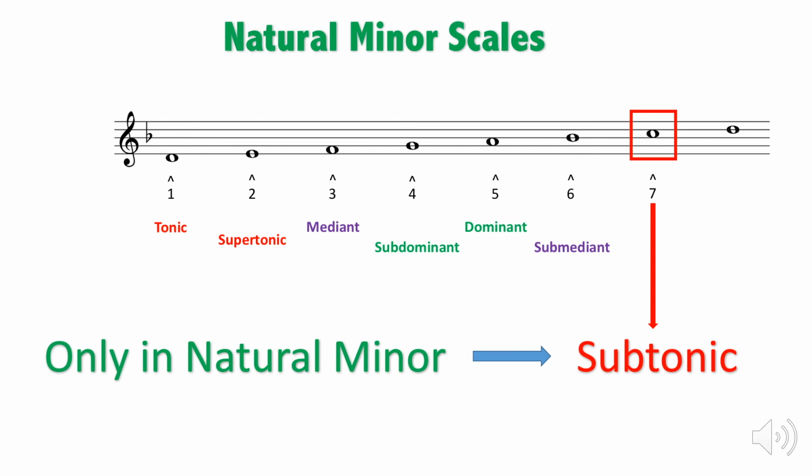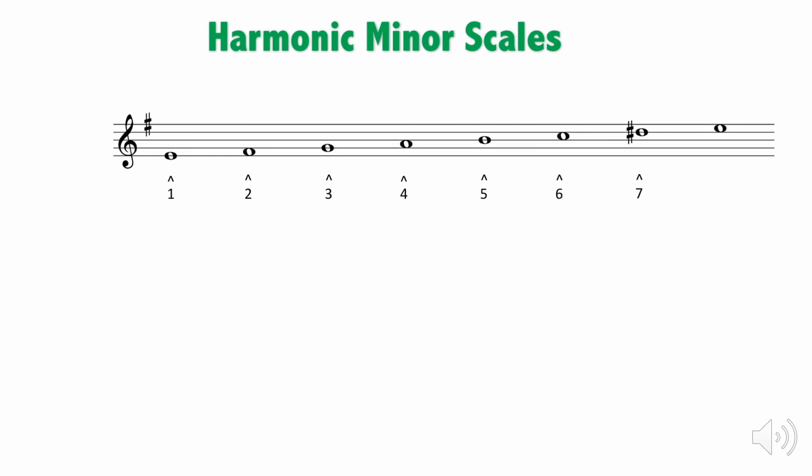Now, what about the harmonic minor scale? Here's a very basic E harmonic minor, and as you can see, I've also labeled all the scale degrees. Again, up to the 6th note, or scale degree 6, every name is the same as in natural minor or major scales.